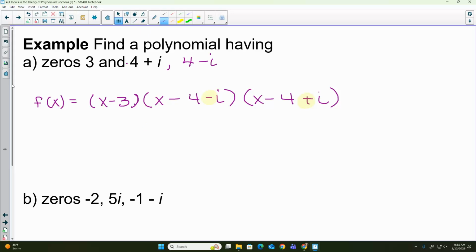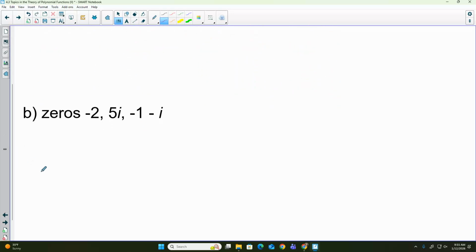All right, let's do this one. So I want to create a polynomial where -2, 5i, and -1 minus i are zeros. So first question is, do I need to add any zeros to the list?